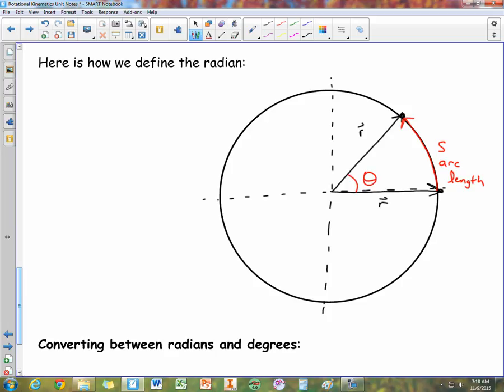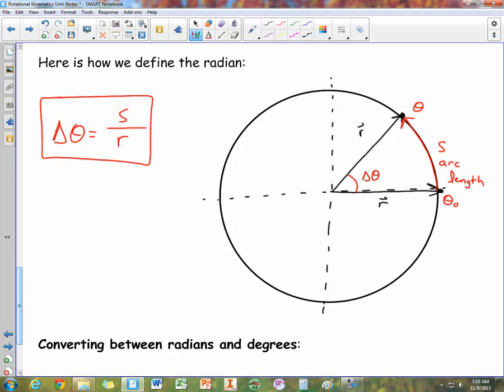And it would be turning through an angle. Actually, I'm going to rename this. I'm going to call this delta theta, because I've got my theta initial and my theta final. And the way we would define the radian is we would say that this angular displacement, delta theta, equals the arc length, S, divided by the radius, r.